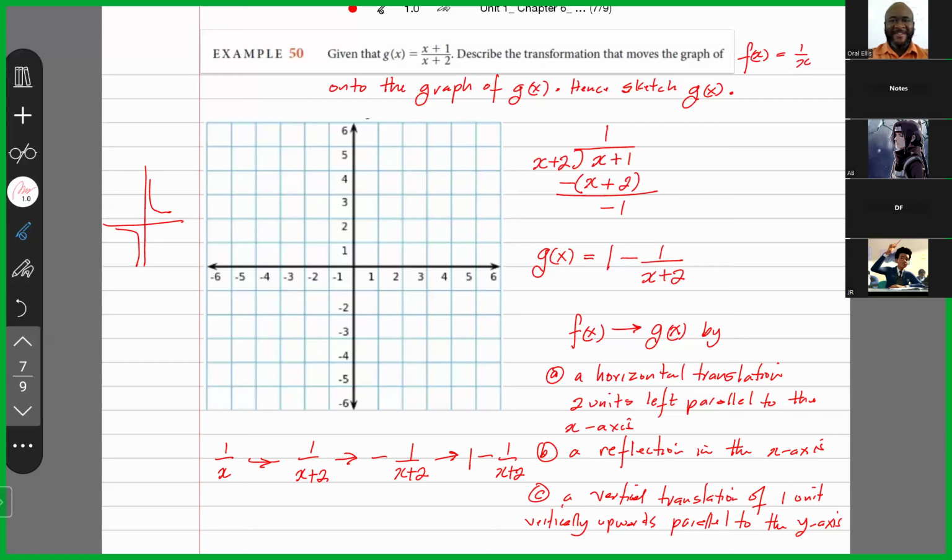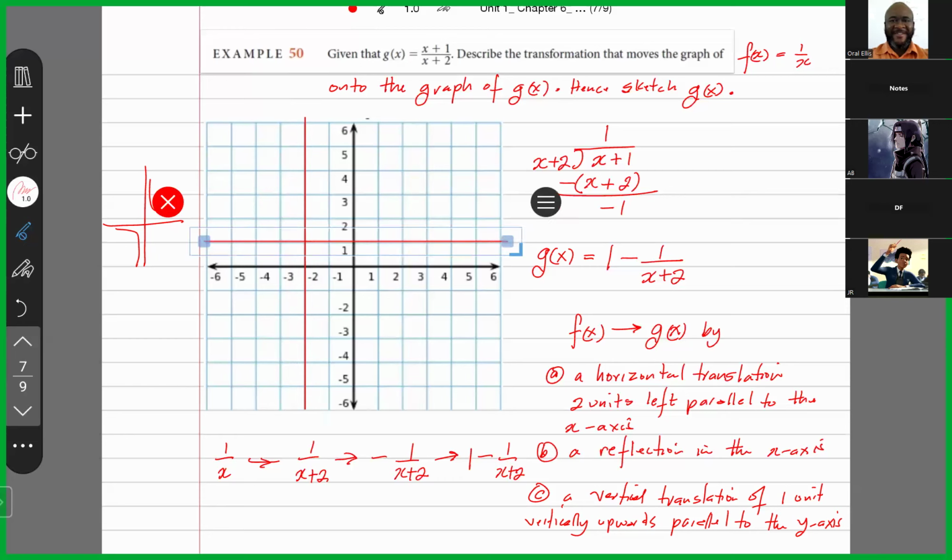First of all, we're going to move it 2 units to the left, so this becomes your new vertical asymptote. We're going to move it 1 unit vertically upwards, so this becomes your new horizontal asymptote.